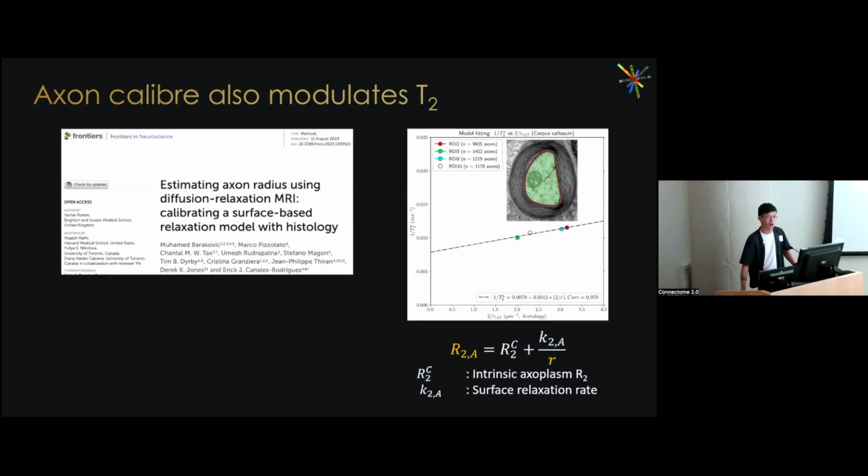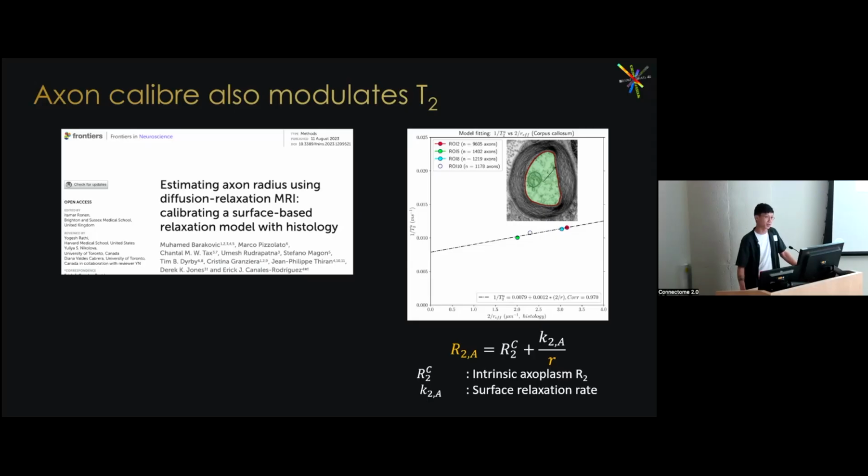Interestingly, there is another way to try to measure axon diameter. A recent study from the group in Lausanne demonstrated that if we use diffusion to filter out, for example, the extracellular signal, and we measure the T2 of the intra-axonal signal, the R2 we measure is inversely proportional to the axon radius.